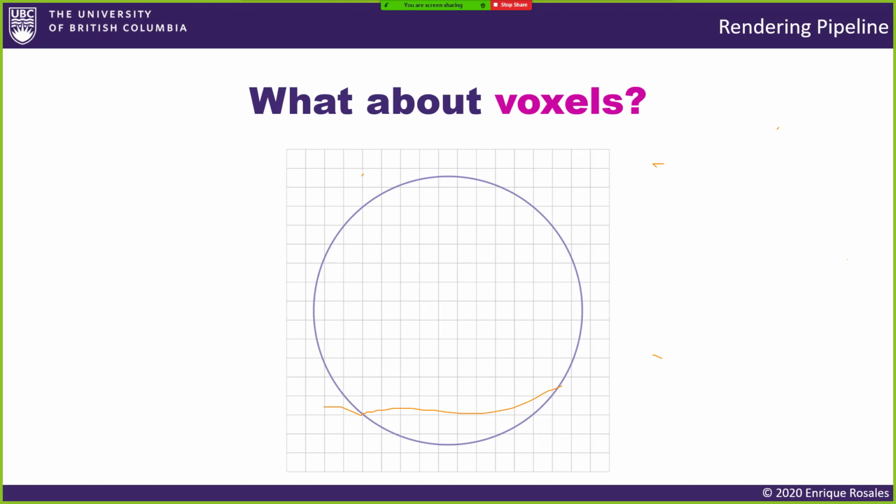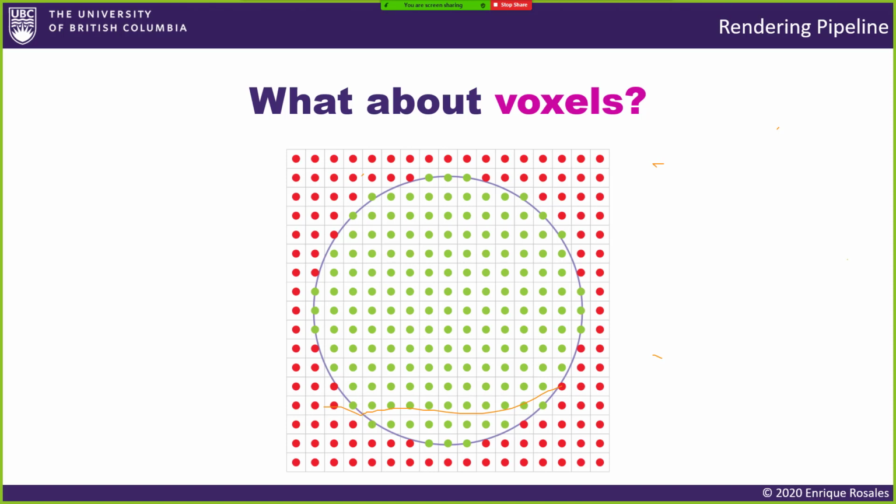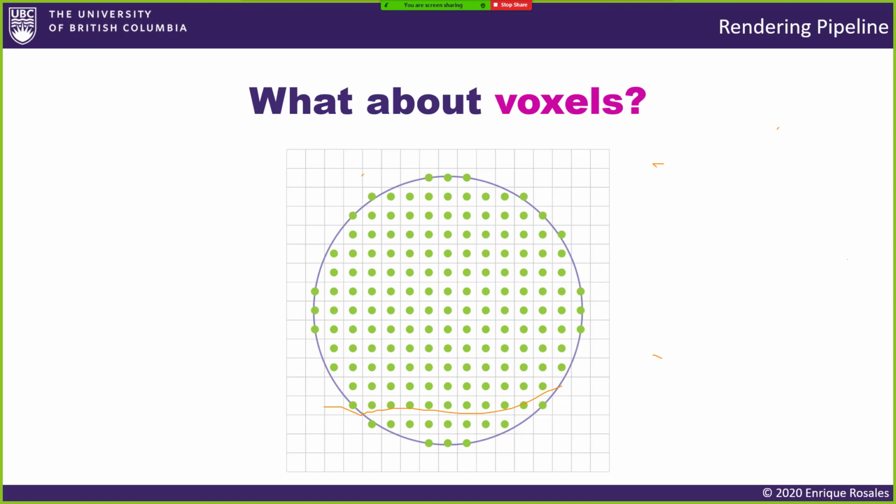Once you have some algorithmic way to understand what is the inside and the outside of this entire space, you can tell that some voxels are inside and others outside, and you can just turn on the voxels that are inside and turn off the ones that are outside. So in the end, this is the volume representation of your shape.